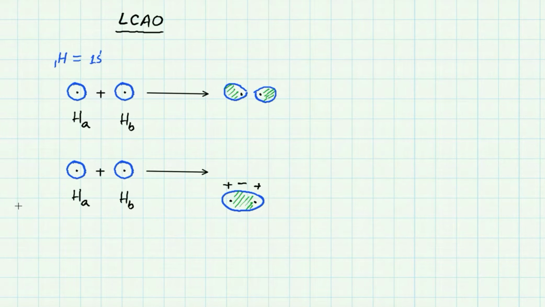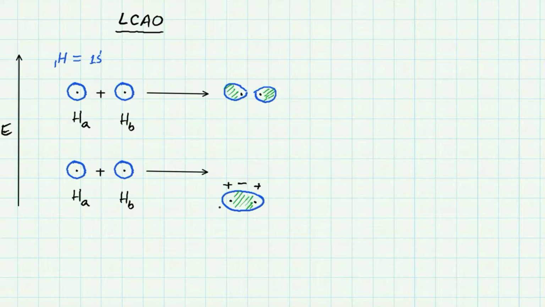Suppose this is the axis of energy. So we have energy here, and we see the energy of the atomic orbitals is higher as compared to this molecular orbital.